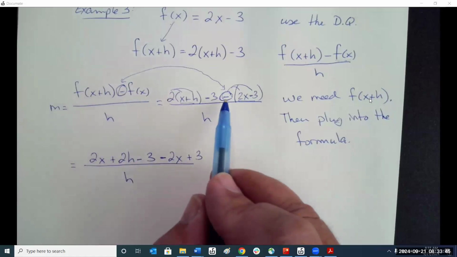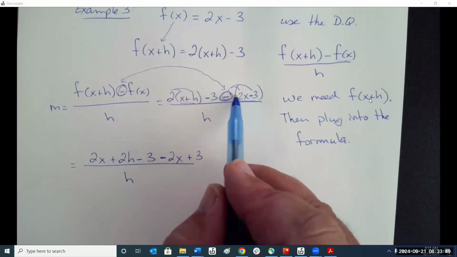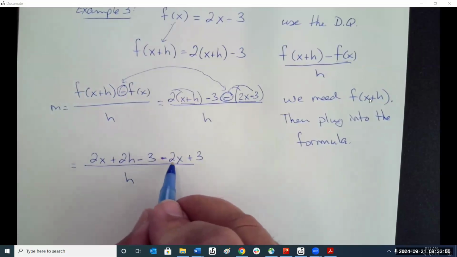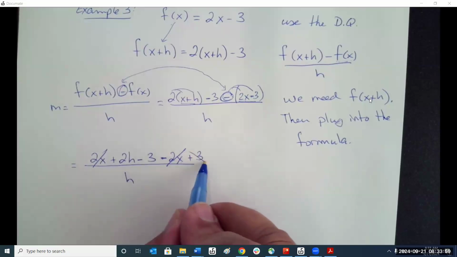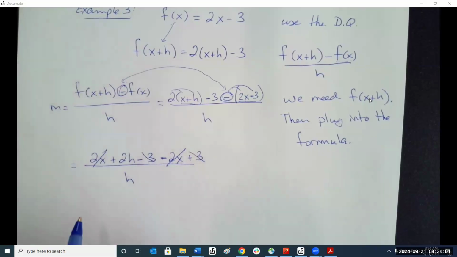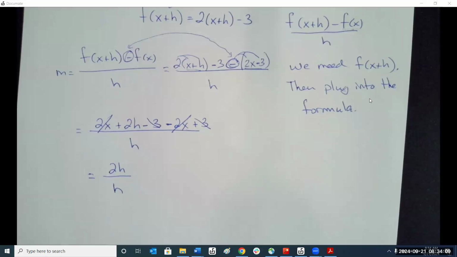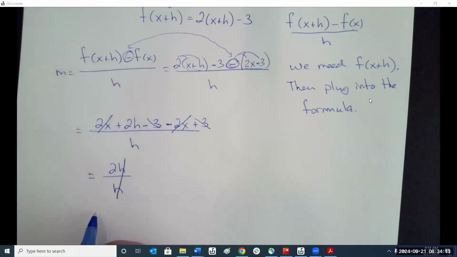Everything after this minus sign, after we distribute it, has to disappear when we simplify. So negative 2x cancels with the positive 2x. The positive 3 cancels with the negative 3. So we have 2h over h. The h's cancel.